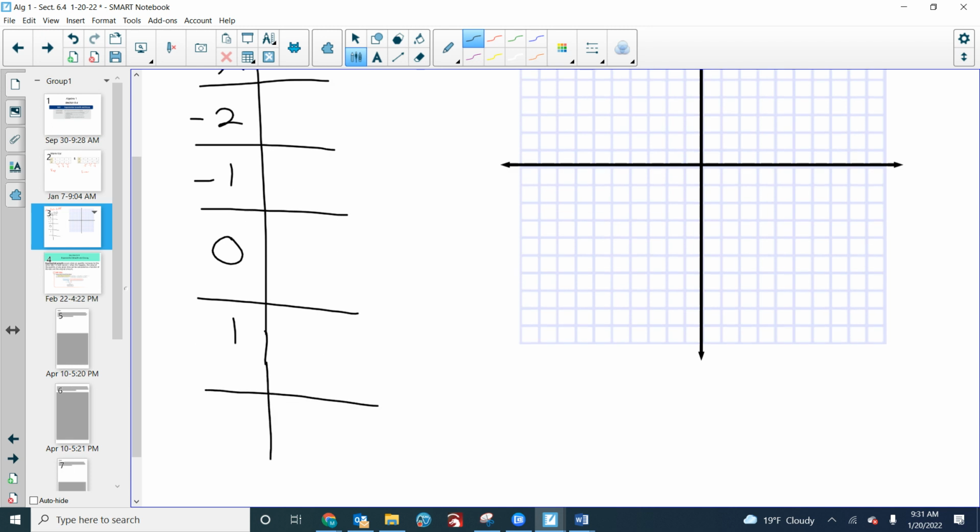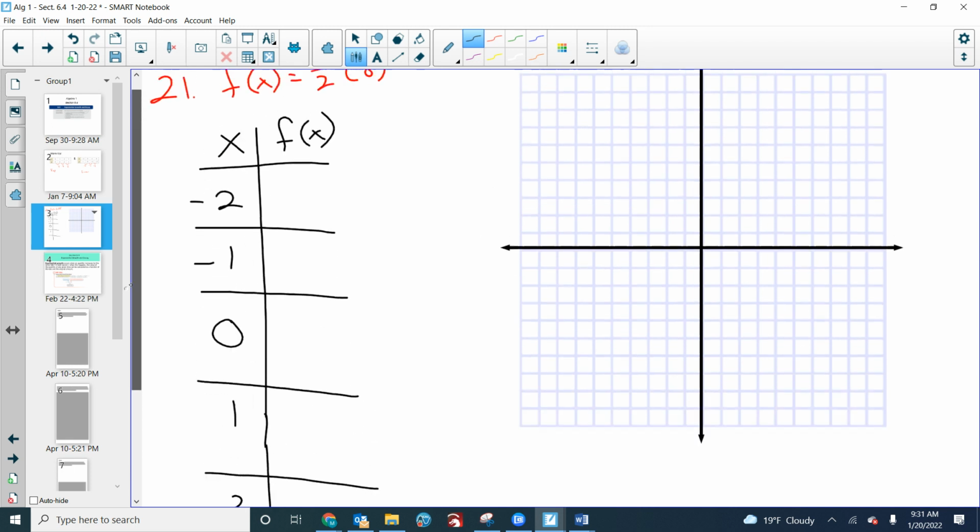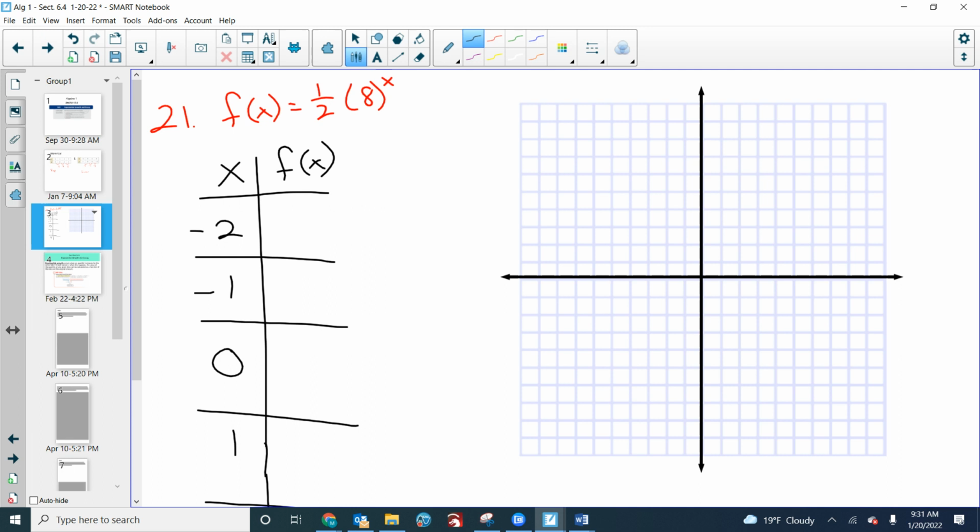Very good. All right, let's plug in -2. And you guys can use calculators for this, okay? That's 1 over 128, isn't it? I rounded.